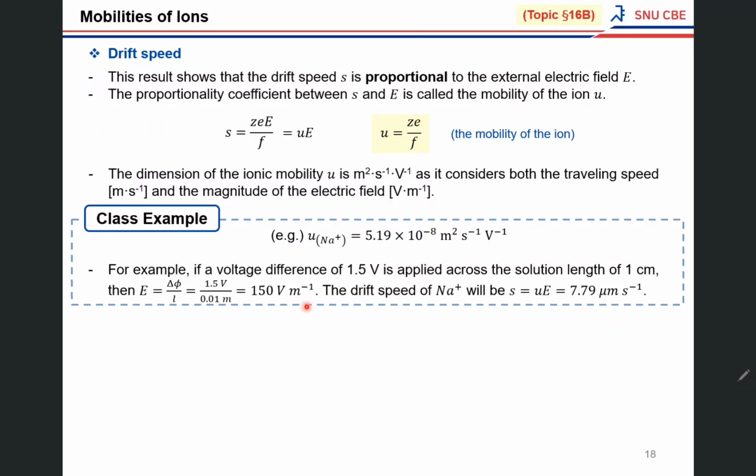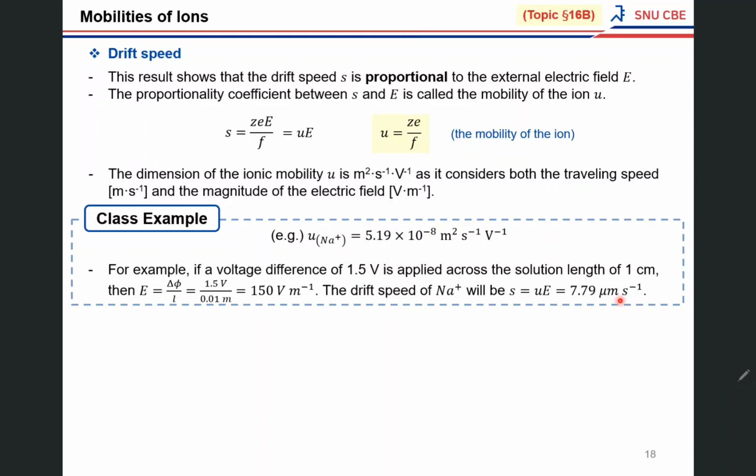Then based on this relation, you have the value of u, and you just calculate the value of the electric field so that you can estimate the drift speed of the sodium ion in the liquid phase, which corresponds to 7.79 micrometers per second.